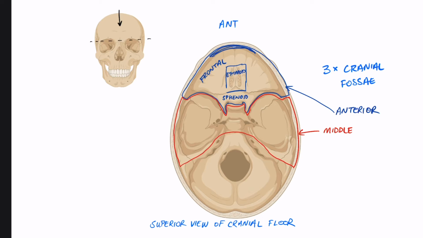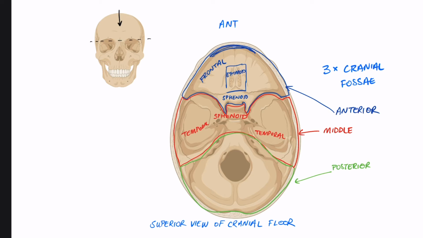Anteriorly, the border will be the same as the posterior border of the anterior cranial fossa. Sorry, that could have been a bit confusing. Basically, the back of the anterior cranial fossa and the front of the middle cranial fossa will be at the same point. And so the floor of the middle cranial fossa is composed of a majority of the sphenoid bone and also the squamous and the petrous portions of the temporal bones on either side.